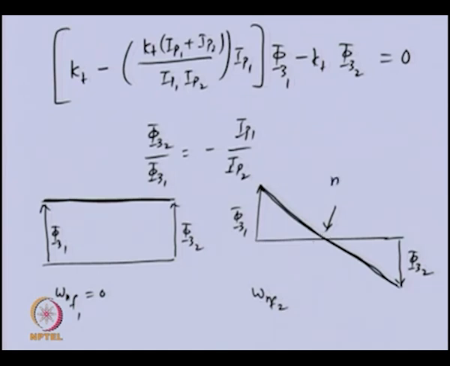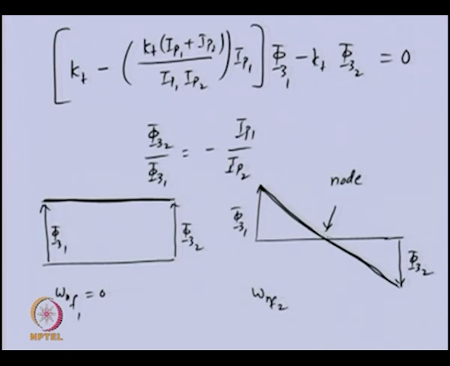This position is called a node, and there is no angular displacement here, and on either side of it the angular displacements are opposite to each other, because this is positive and this is negative. So, this node we can think of as a rigid support. So, we can idealize this 2 mass rotor as 2 single degree of freedom rotor systems.